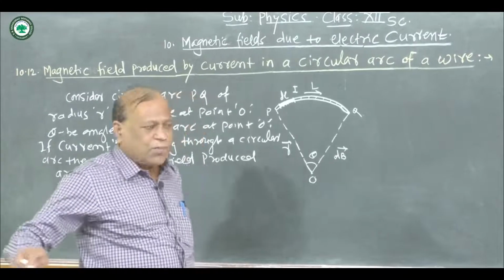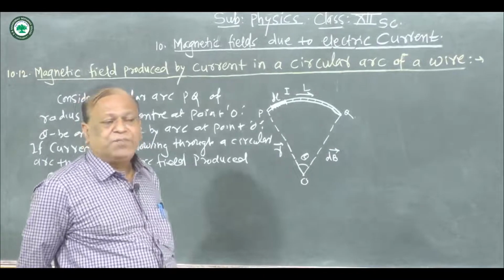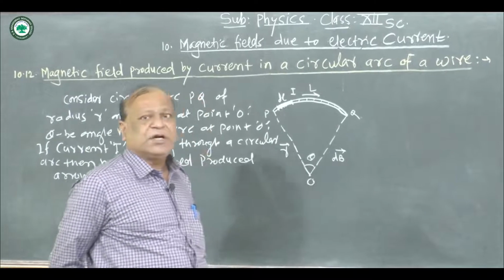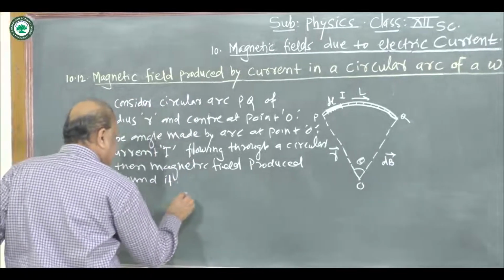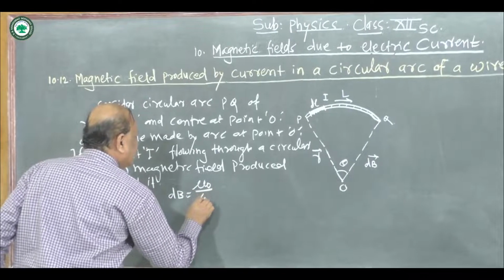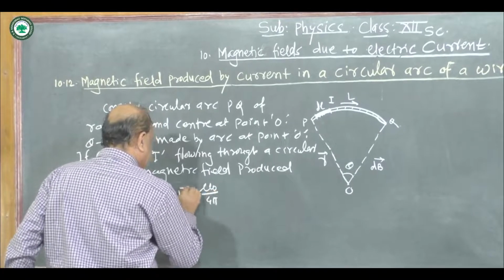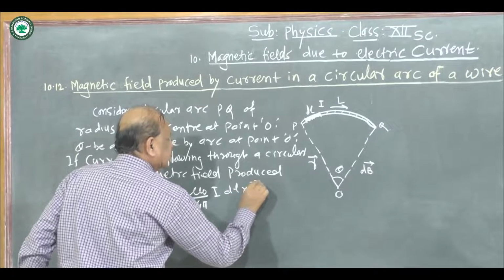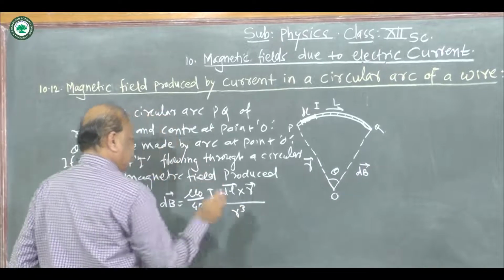Now using the Biot-Savart law, we calculate the magnetic field produced by the small current element I dl, given by dB equals mu 0 upon 4 pi, I dl bar cross r bar divided by r cube.